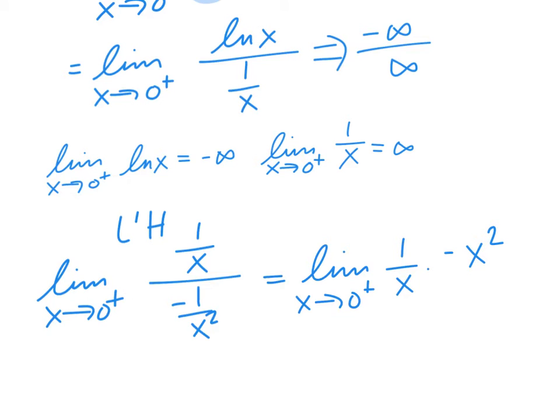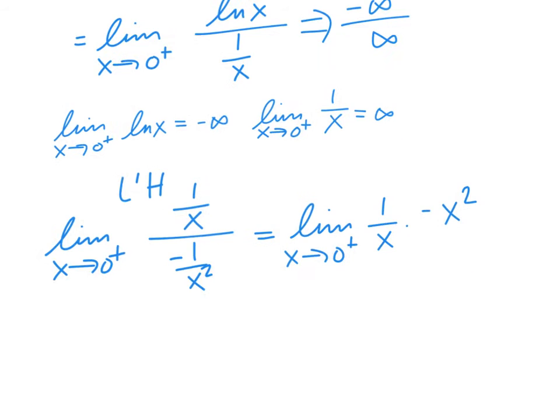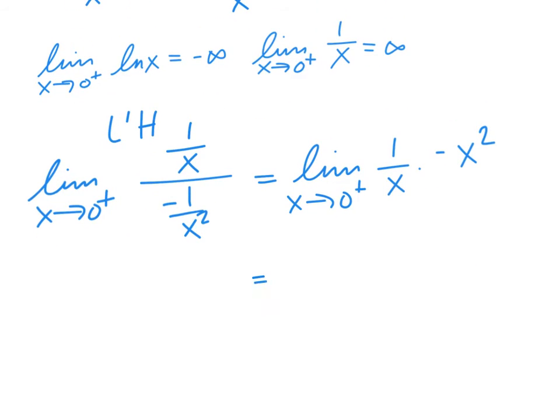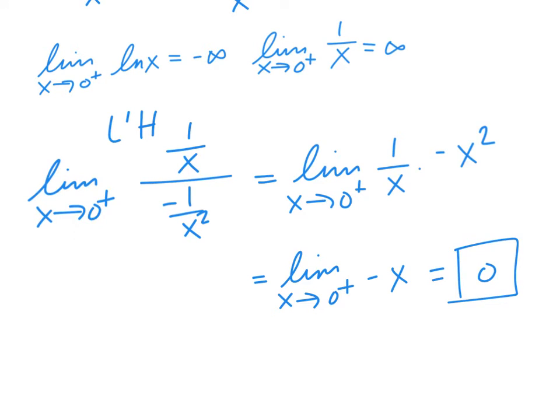Flip it back up, which is equal to the limit as x goes to 0 plus of negative x, which is 0. You guys are like, I knew it was 0.